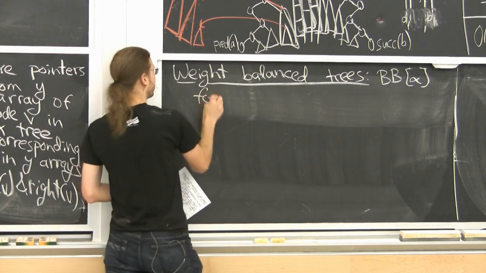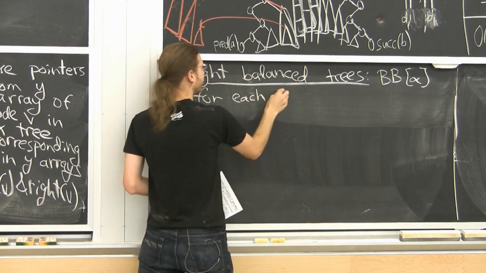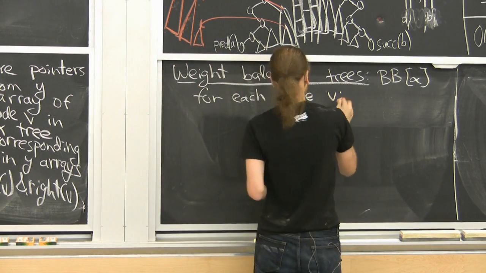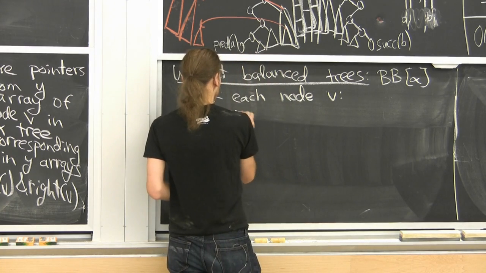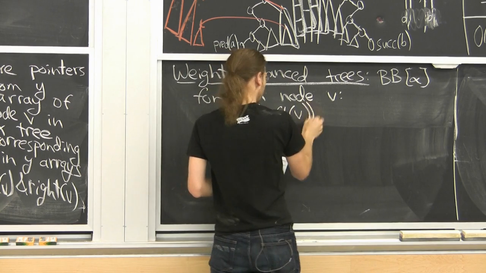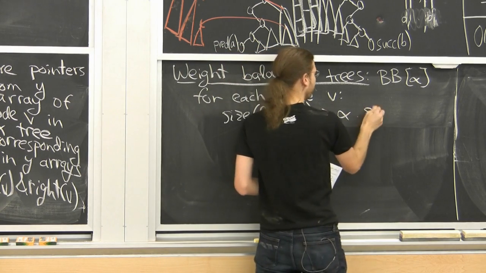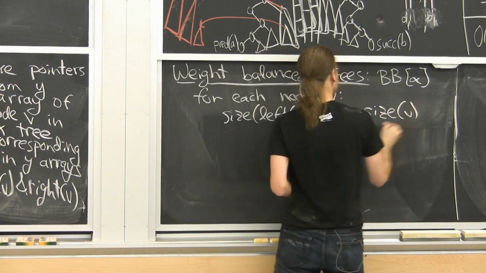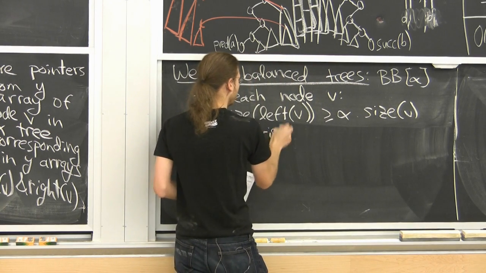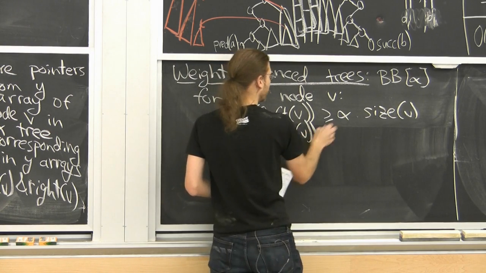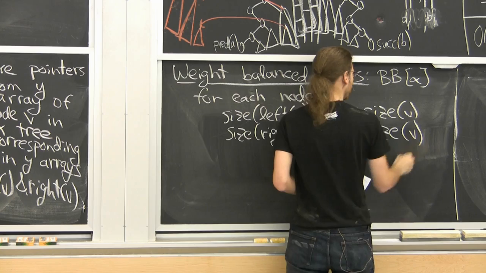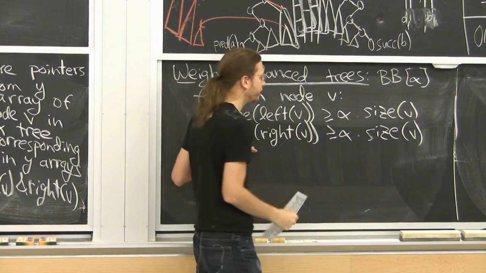So here's the definition of BB alpha trees. For each node V, the size of the left subtree of V is at least alpha times the size of V, and the size of the right subtree of V is at least alpha times the size of V. Now, I didn't define size.